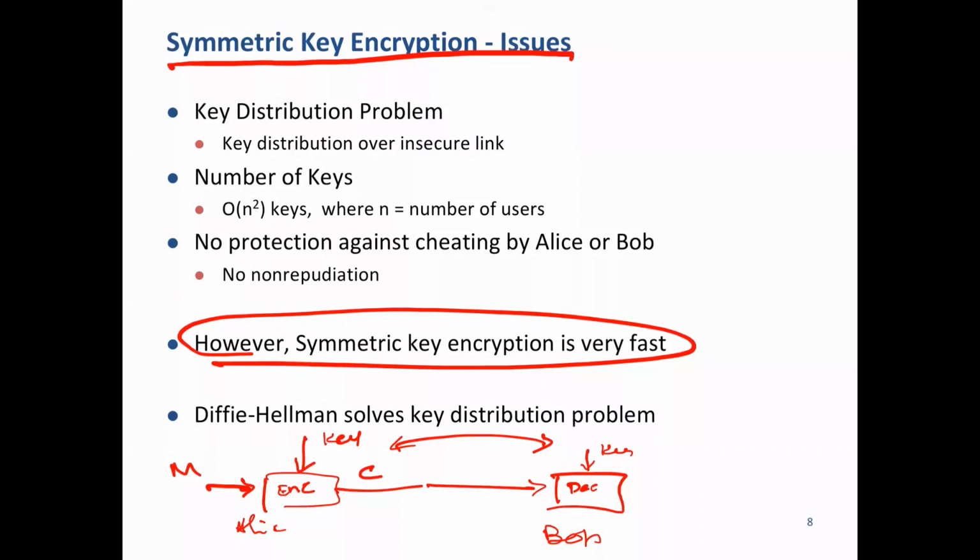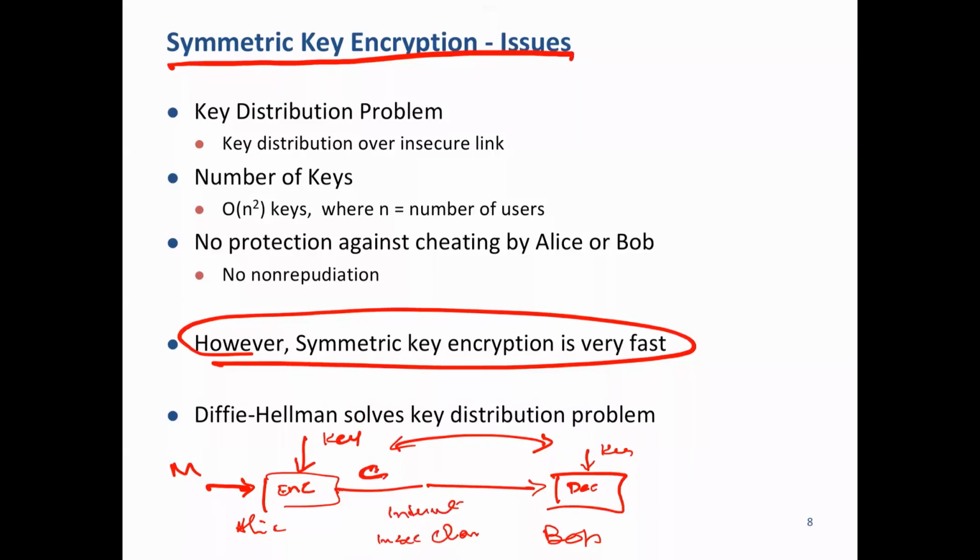Now the problem is that we have to send the key over the internet, which is an insecure channel, a leaky channel. The internet just provides you an end-to-end pipe, and in between it does not guarantee that your message will reach the other end.